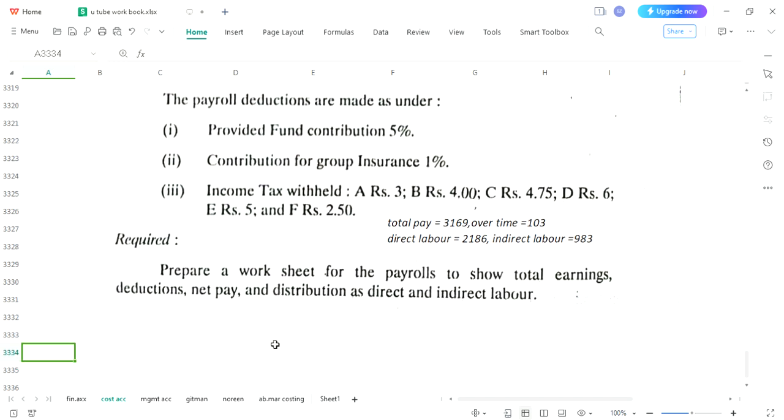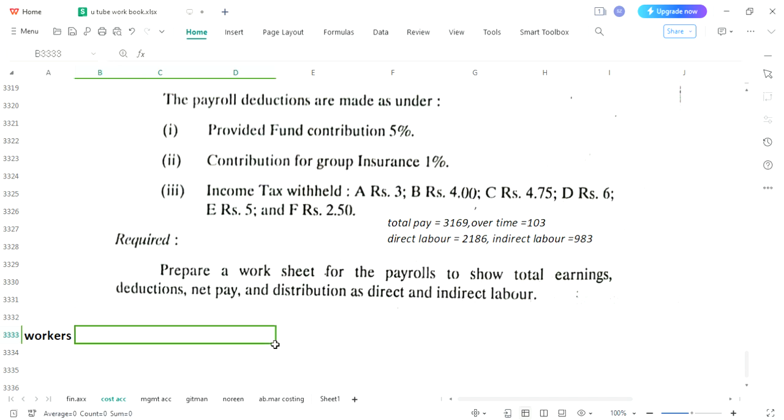So the very first thing is we can mention here workers. Next we can calculate normal wages, or gross wages can also be mentioned over here.